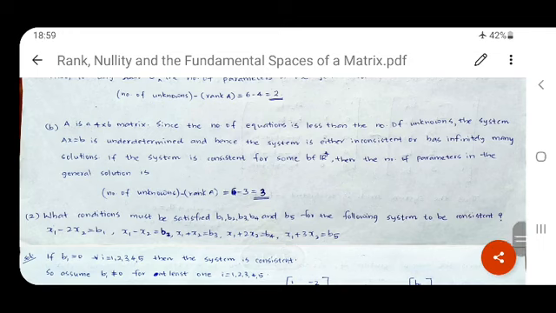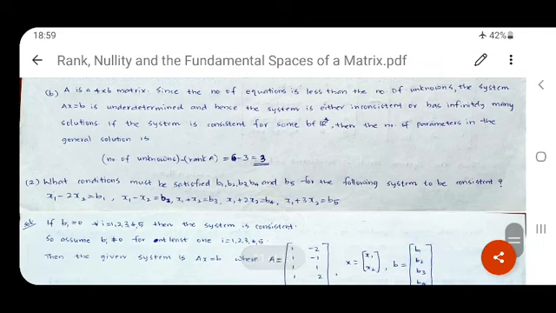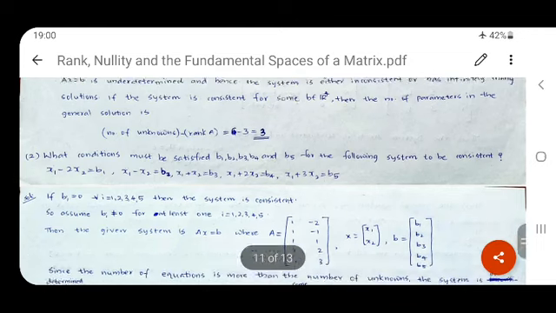As a last example, what conditions must be satisfied by the numbers b1, b2, b3, b4 and b5 for the following system to be consistent? The given system is x1 minus 2x2 equal to b1, x1 minus x2 equal to b2, x1 plus x2 equal to b3, x1 plus 2x2 equal to b4 and x1 plus 3x2 equal to b5.